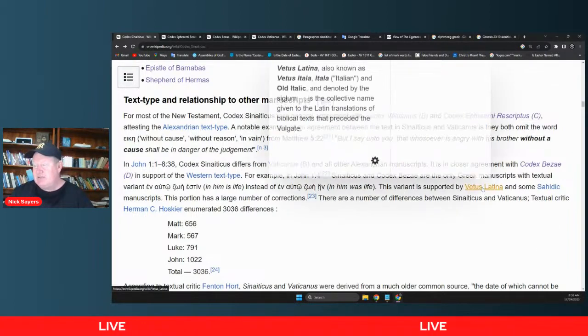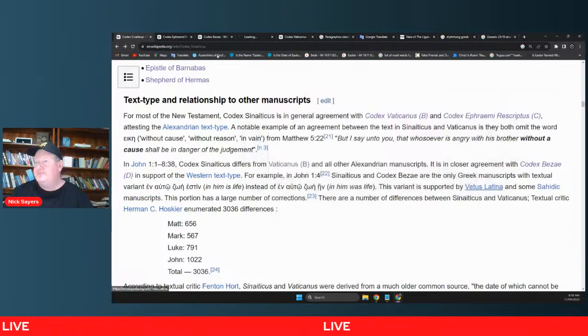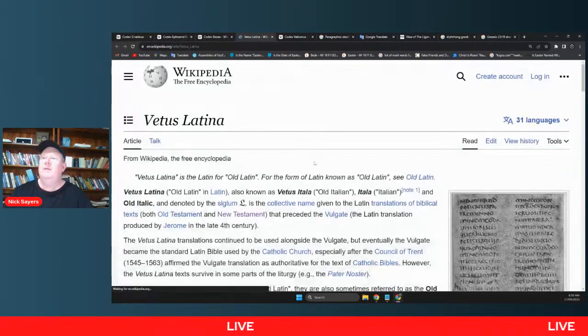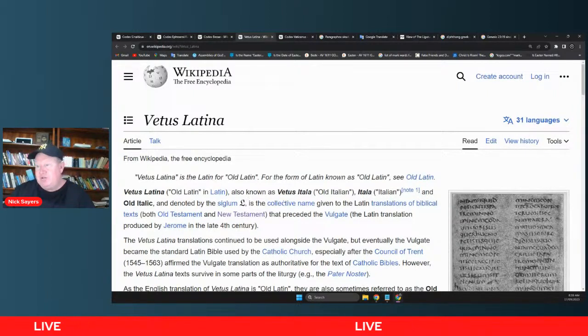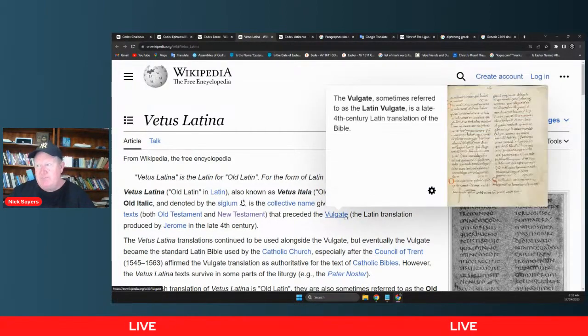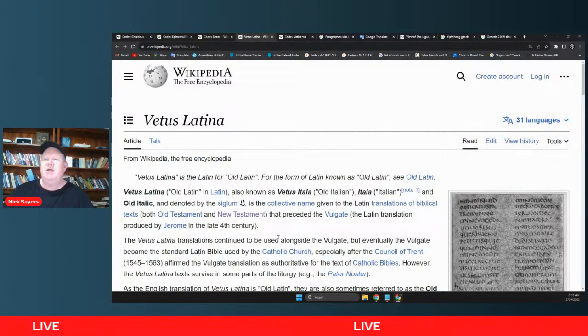So what is Vetus Latina? Vetus Latina, Old Latin, also known as Vetus Itala, Old Italian, Old Italic, is designated by that little symbol, and is the collective name given to the Latin translation of biblical texts of both Old Testament and New Testament that preceded the Vulgate, the Latin translation produced by Jerome.